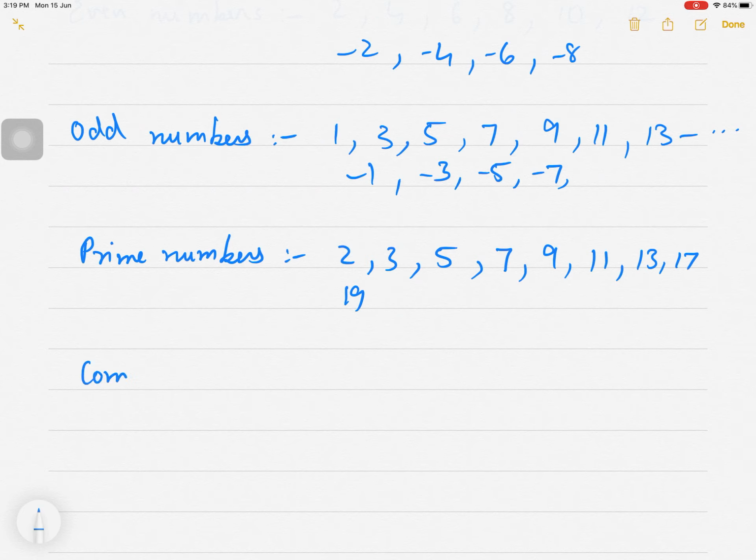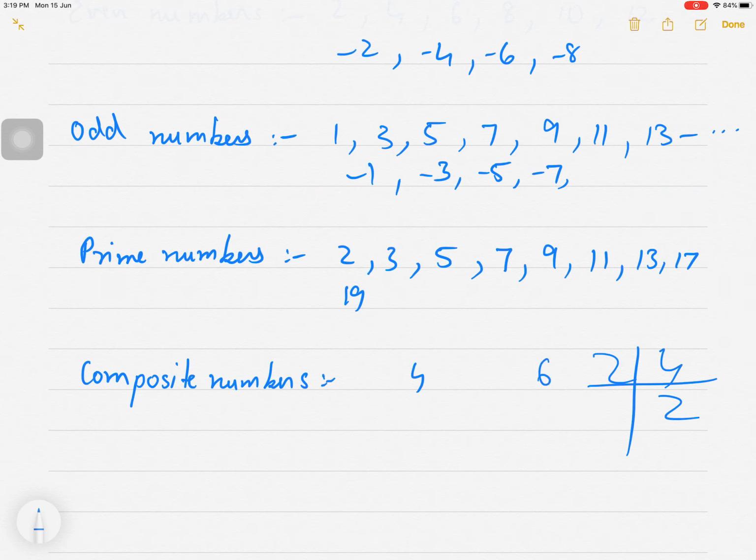Next is composite numbers. Composite numbers are those numbers which are not prime numbers. For example, 4. 4 is a composite number. Why? Because it is divisible by 2. Right? 2 2s are 4. 6 is a composite number. Why? It is divisible by 3 and 2. Correct?